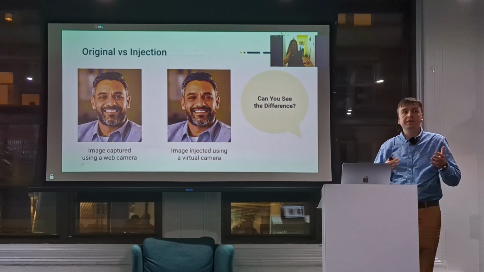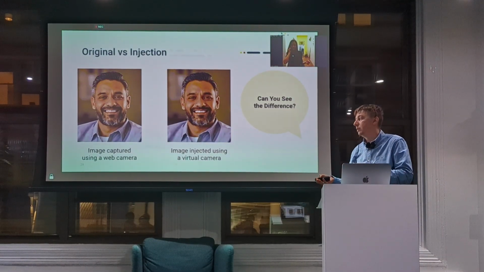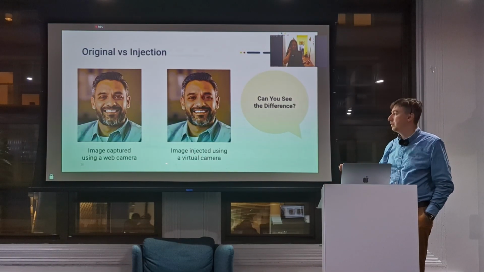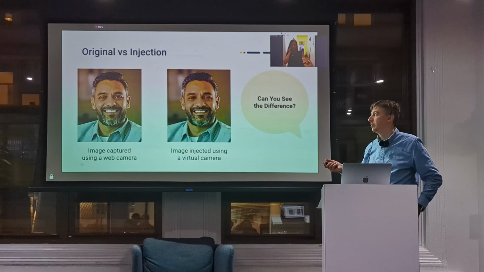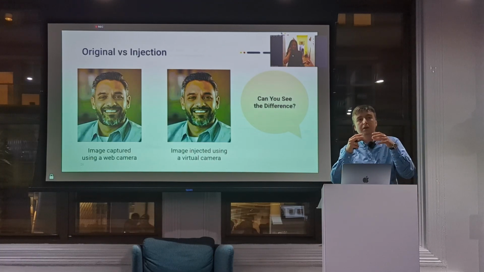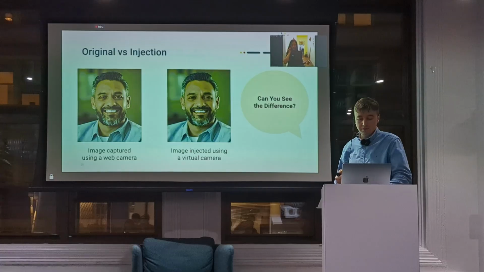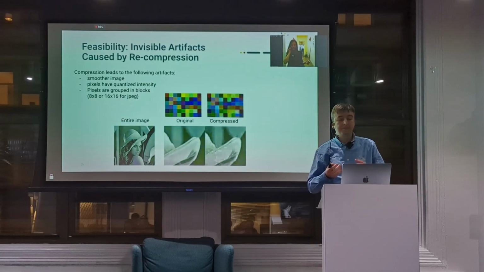Is it really possible to distinguish between an image captured using a web camera and an image injected using a virtual camera? Because they look with no difference, actually. But yes, the difference exists.